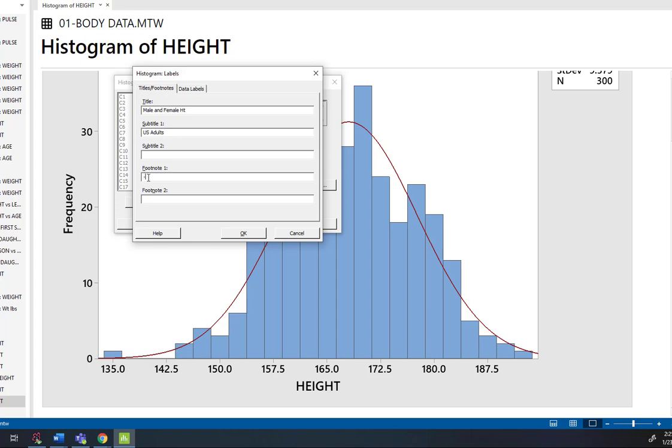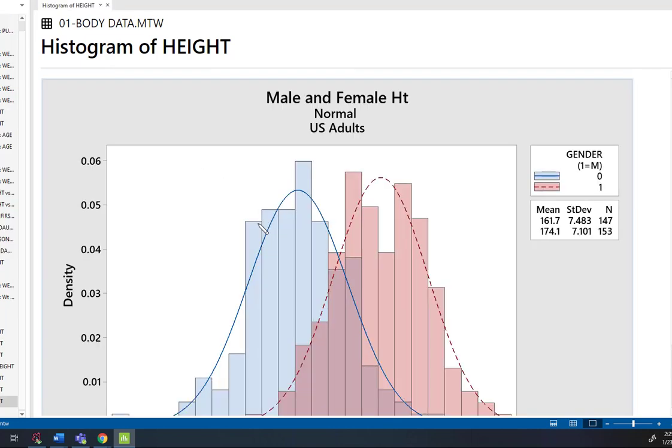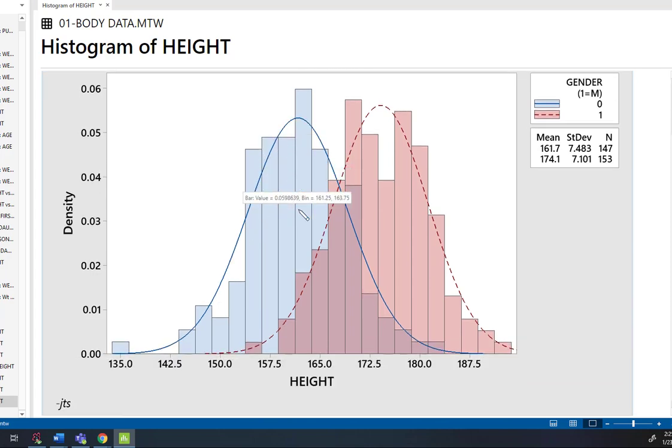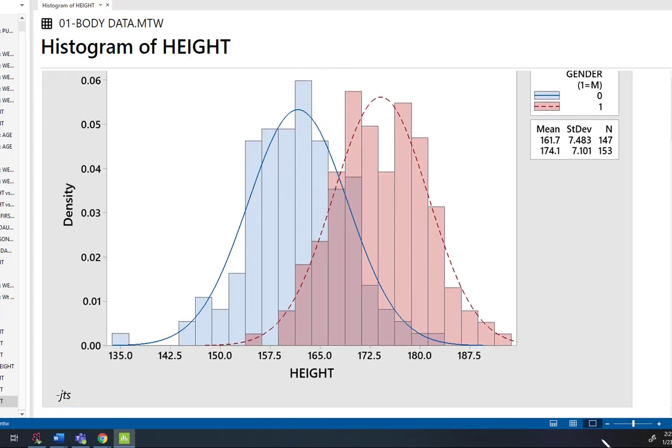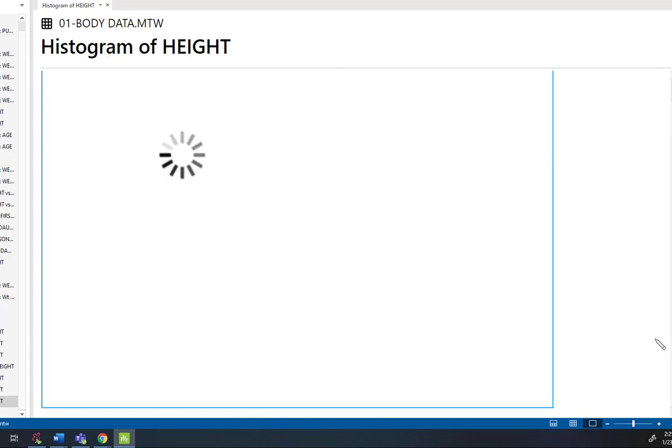And for a footnote, let's stick my initials on it. And we'll say OK for the labels, and I think everything else we don't have to look at, so we'll say OK again. And let Minitab generate this graph for us. And I'm going to small it up so it fits a little better.